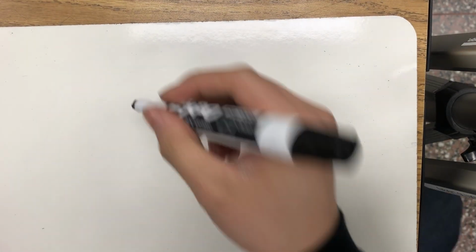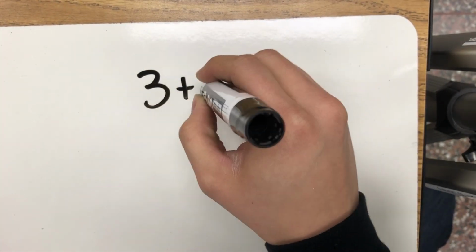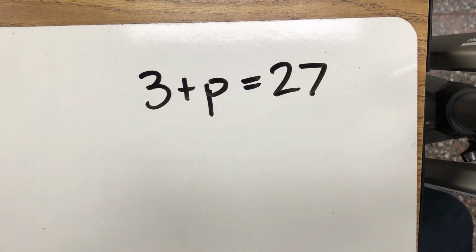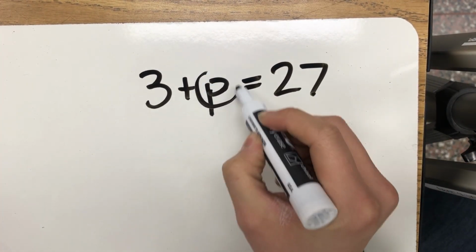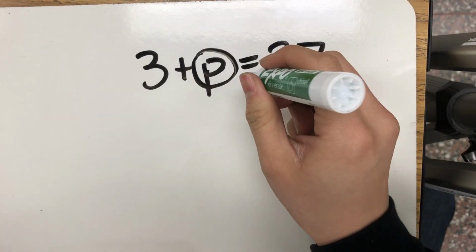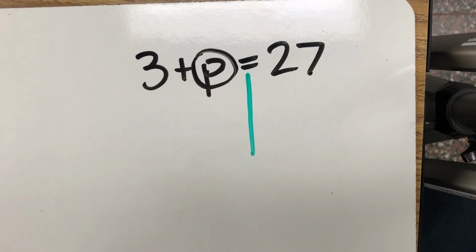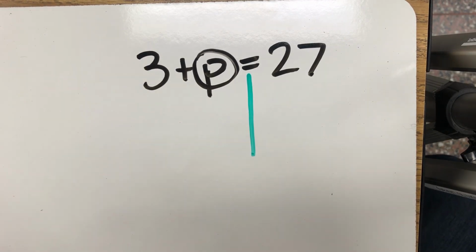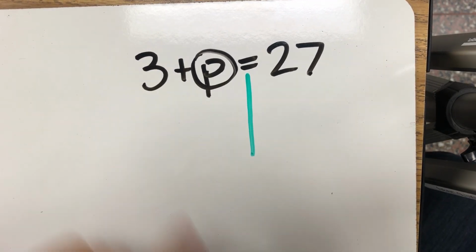Let's do another one. Another problem. Let's have 3 plus p equals 27. So I'm solving for p, so I'm going to go ahead and circle this p. And I have two sides of my equation. I'm going to draw a line straight down this equal sign so I can see my two sides more clearly. I want this p by itself, so I have to get rid of this positive 3.